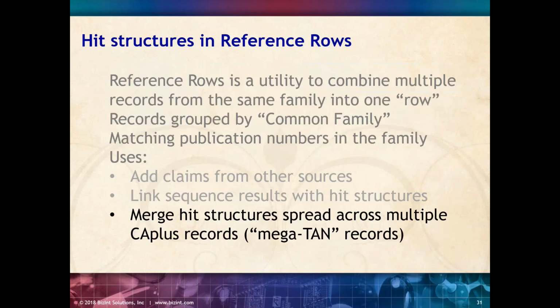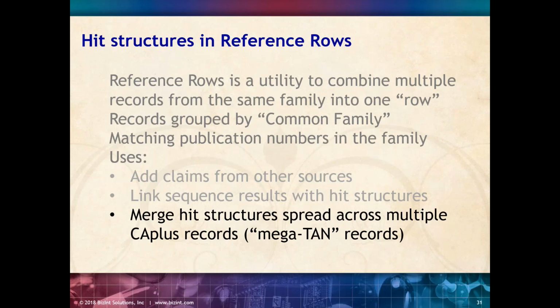But probably the most interesting reason to use hit structures, reference rows with hit structure reports, has to do with the indexing of Chemical Abstracts. In the classic STN system, there is a limit on the number of structures or registry numbers that can be associated with a family, with a record.